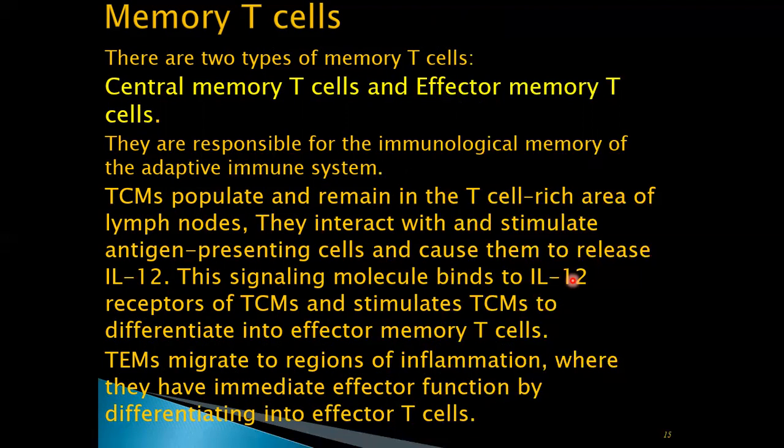First, the antigen presenting cells interact with the central memory T cells and secrete interleukin 12, which binds with the receptor on the membrane of the central memory T cells and activates them, and they differentiate into effector memory T cells. So for differentiation from central to effector memory T cell, they need interleukin 12 to bind on their surface, and then the effector memory T cells migrate to the region of inflammation where they do their action.